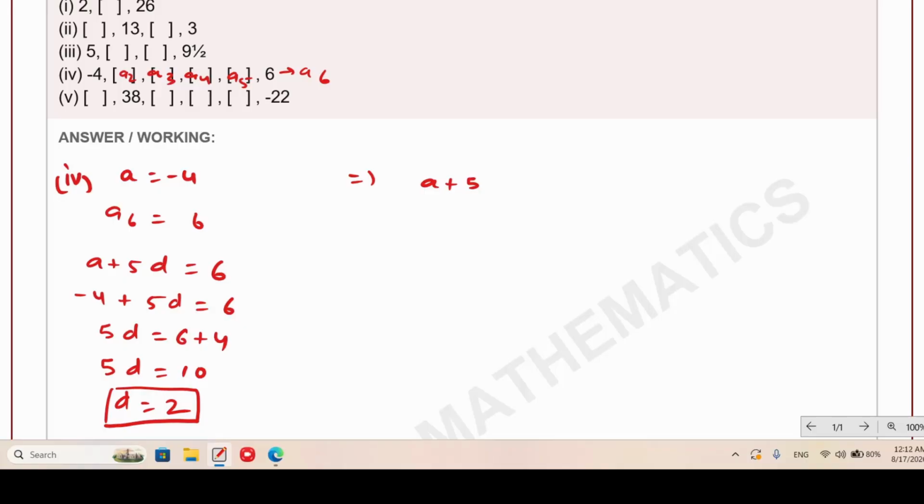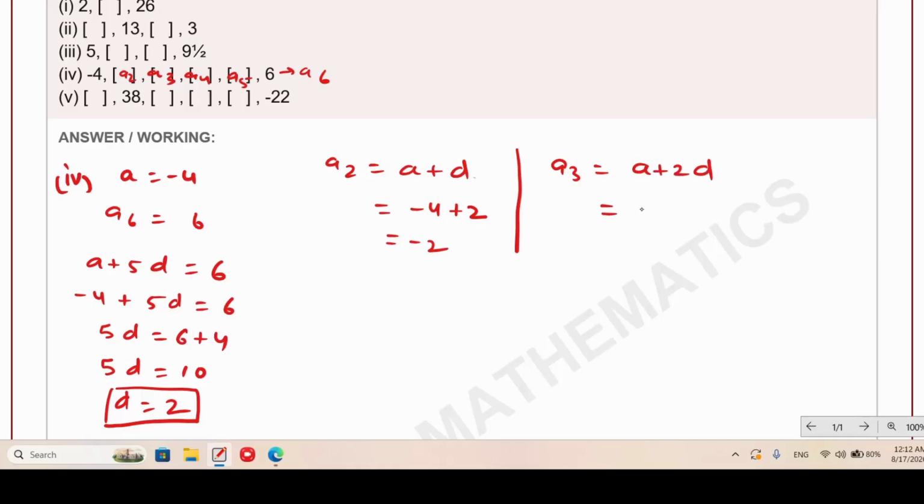So now when we have A, then we can easily find A2. A2 is equal to A plus D, which is -4 plus 2, that is -2. Then A3, A plus 2D. So A is -4 plus 2 times 2.